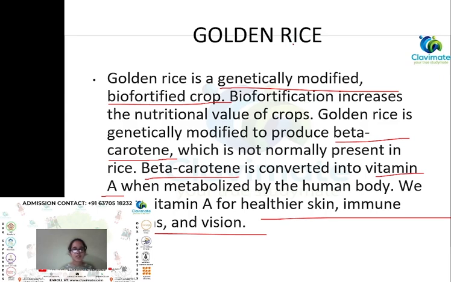That's the purpose of modifying golden rice. Golden rice is genetically modified to produce beta carotene, which in turn produces vitamin A when metabolized by the human body. As we know, vitamin A is really helpful for healthier skin, immune system, and vision.